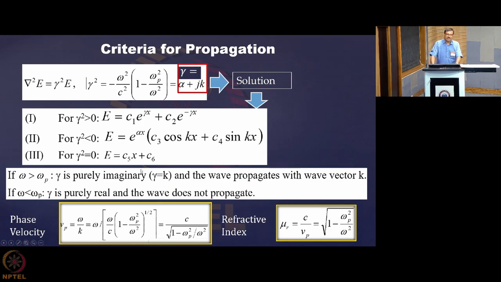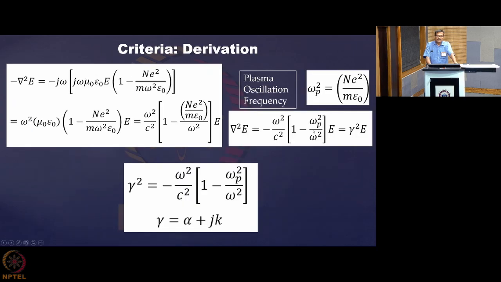So as we told in our previous class, the propagation of an electromagnetic wave in the plasma depends on the kind of plasma that has been created. It may get attenuated or it can propagate. For that, we need to find out the plasma oscillation frequency, omega p, and what it depends on. It depends on the number density n, the electronic charge, and the mass in the denominator.